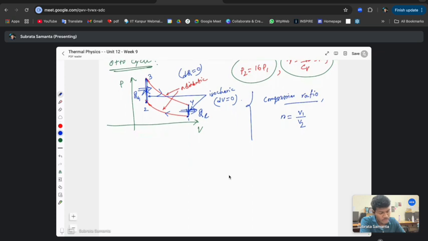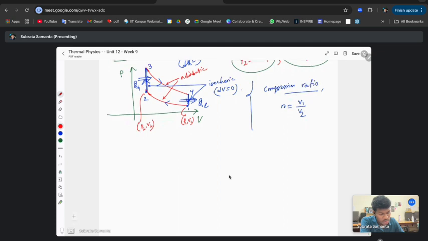At this point is your P1 V1, and this point is your P2 V2. So they follow the adiabatic process: P1 V1 to the power gamma equals P2 V2 to the power gamma.